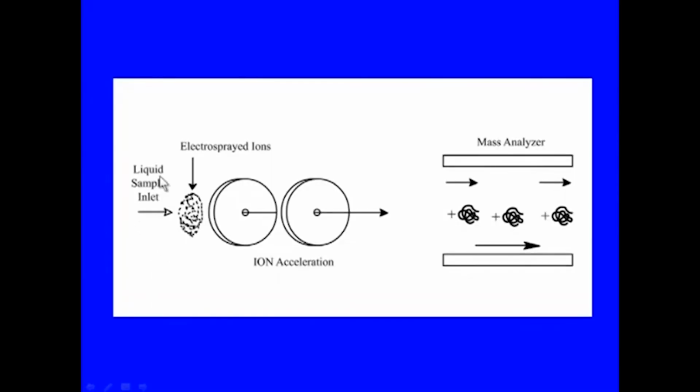As you can see here, this is the liquid sample, these are electrosprayed ions, ion acceleration occurs, and then finally, the mass analyzer analyzes the sample.